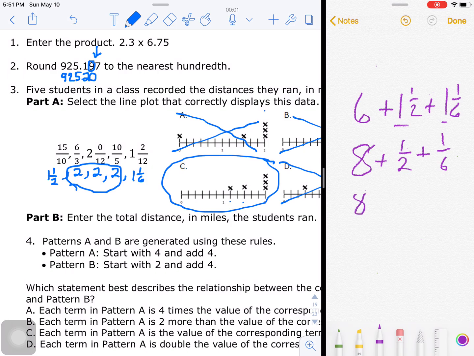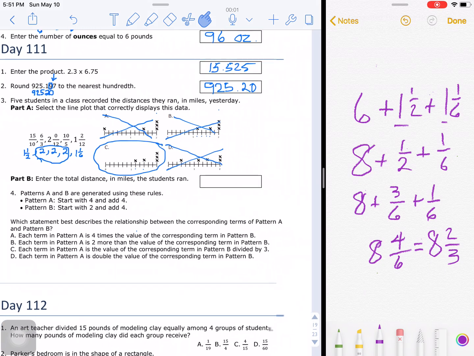So that'd be 8 and 3/6 plus 1/6, which is 8 and 4/6, which is 8 and 2/3.